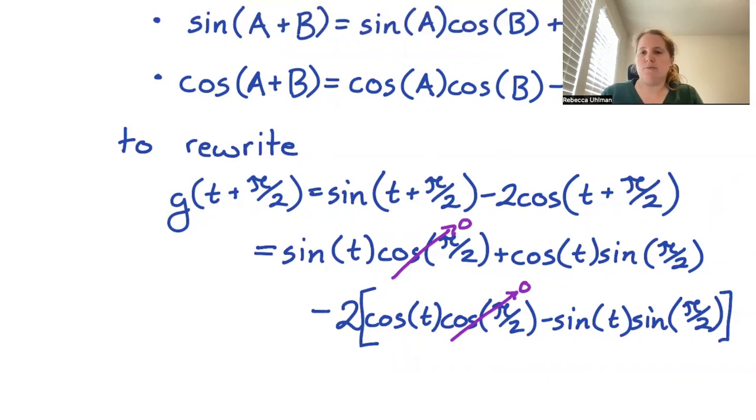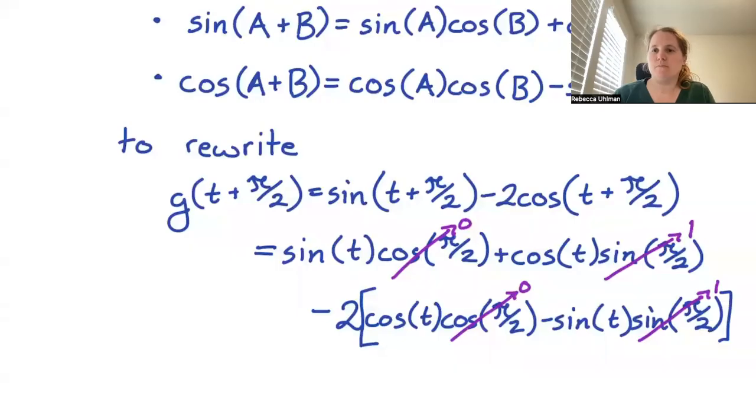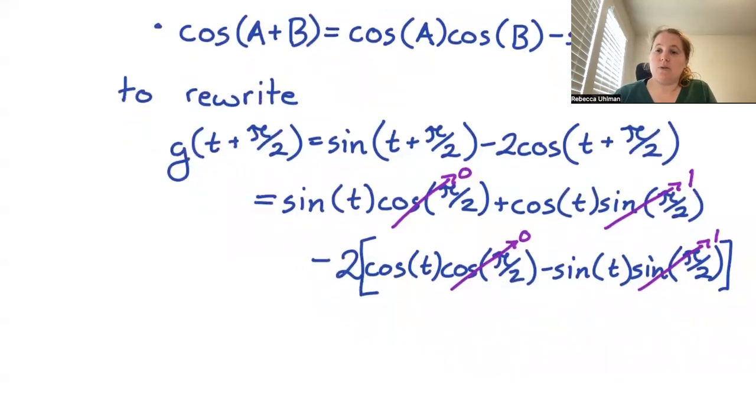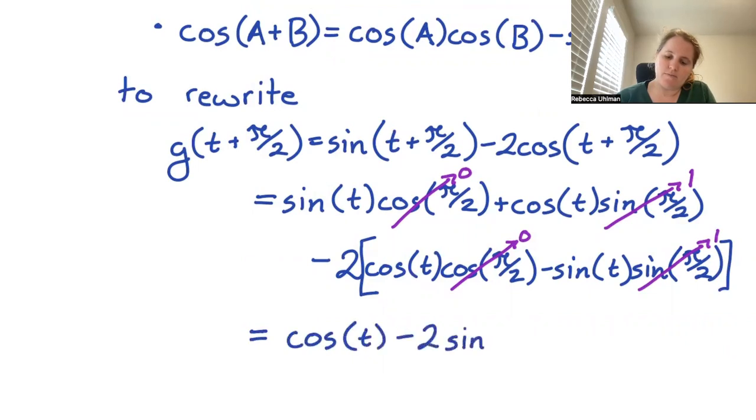So once we've done that, we simply wind up with g of t plus pi over 2 is cosine of t minus 2 sine of t.